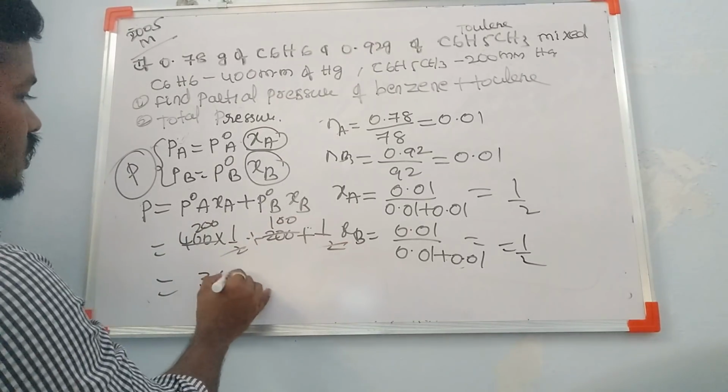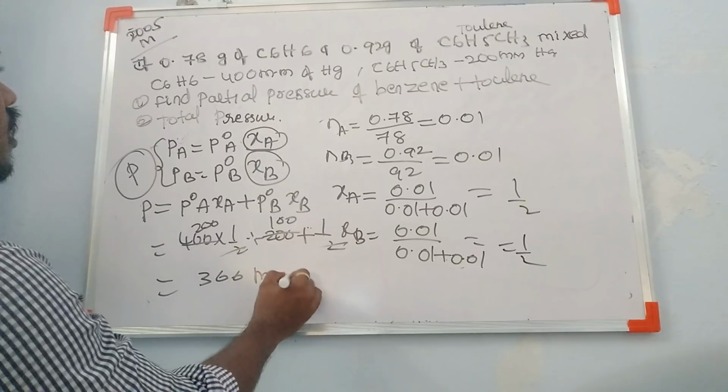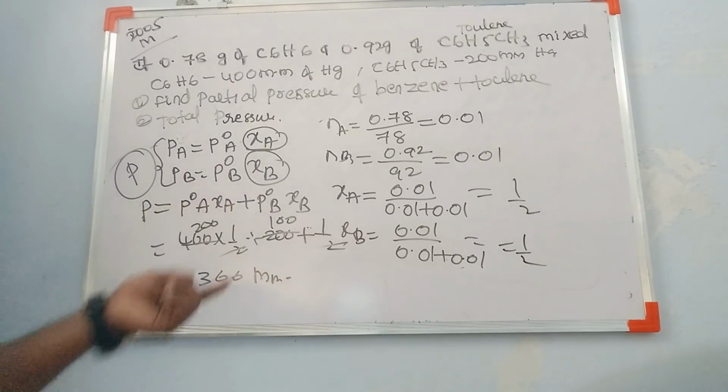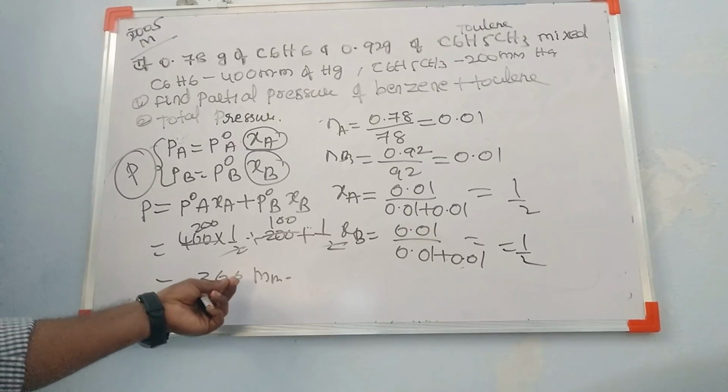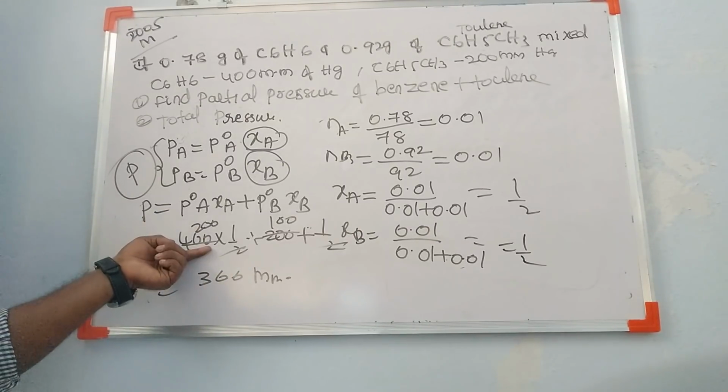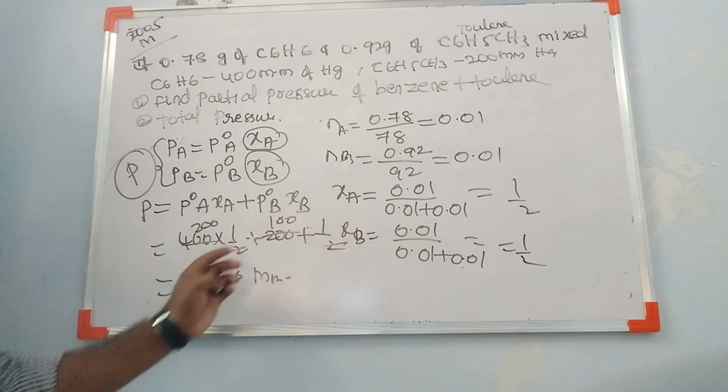So the total is 300 mm of Hg. The same thing we calculated: PA is 200 and PB is 100.